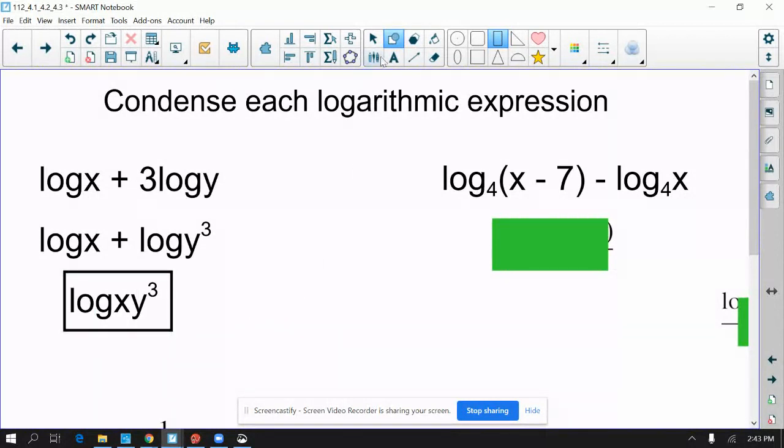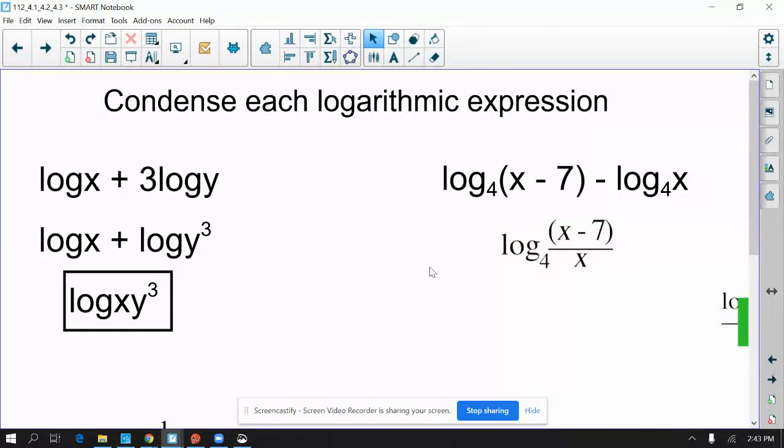Here we go. This one, you're subtracting two logarithms. So subtraction implies division here. Notice the coefficients are 1 and 1, so I've got no problem like I had in the first one. So I just simply divide the two arguments, x minus 7 over x. It is not this.